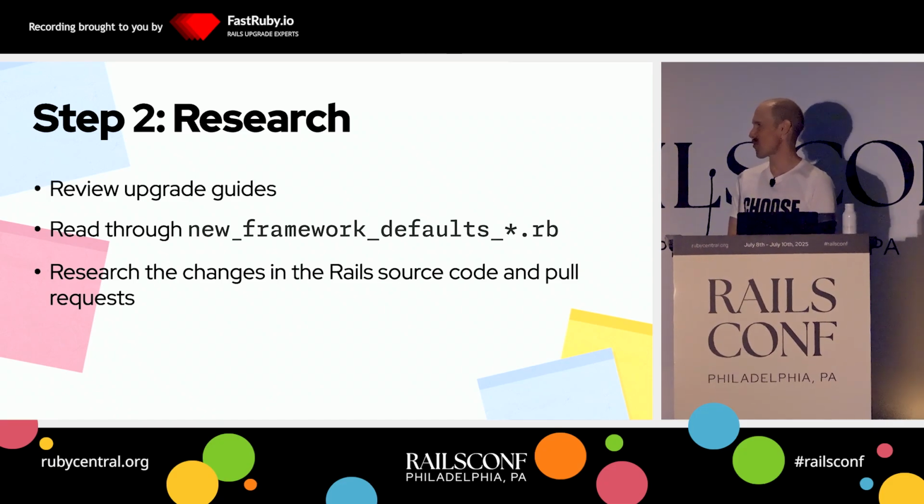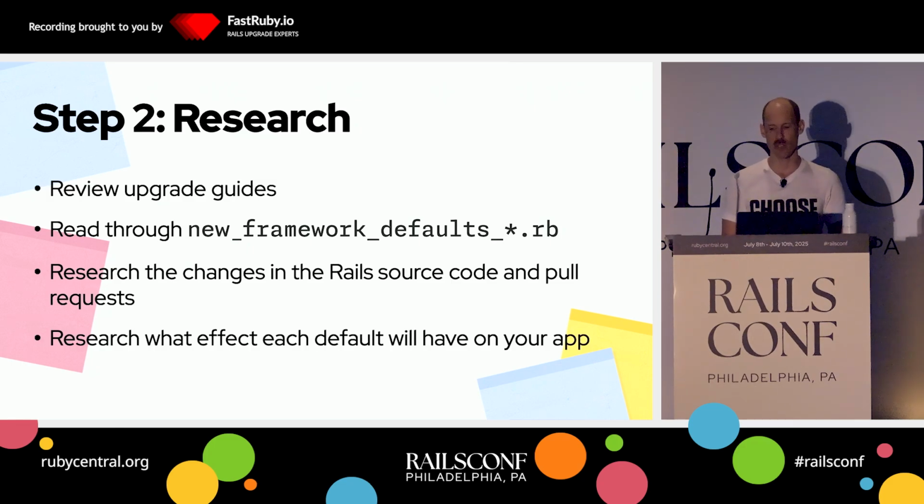Research the changes in the Rails source code and the pull requests. There's a little bit of documentation in the new framework defaults file, but not enough to my liking, and there's a lot of context that's missing. So for example, why is the same site default now lax? What are the other options? Good luck. So you're probably going to have to look around for blog posts, or worst case, look into the Rails repo on GitHub and try to find the originating issue and the originating pull request to get some of that context.